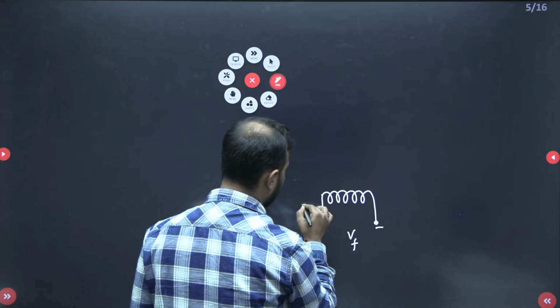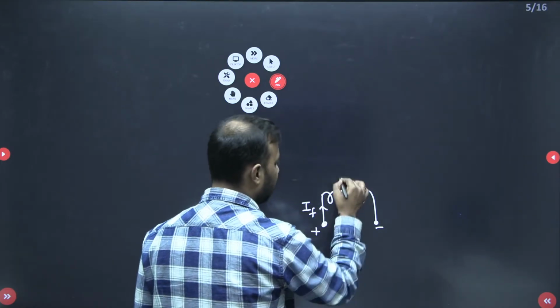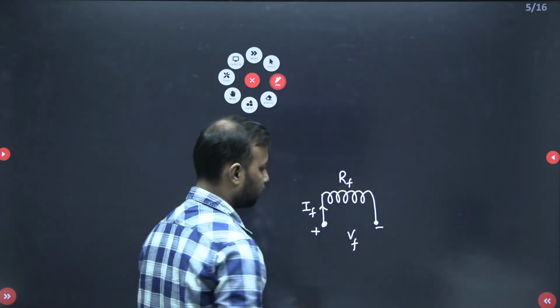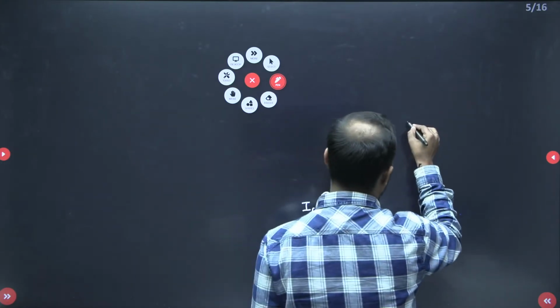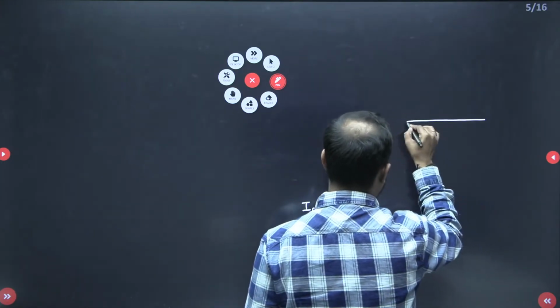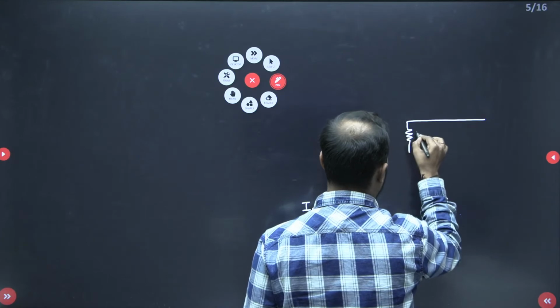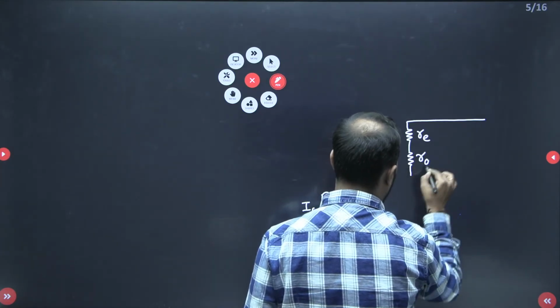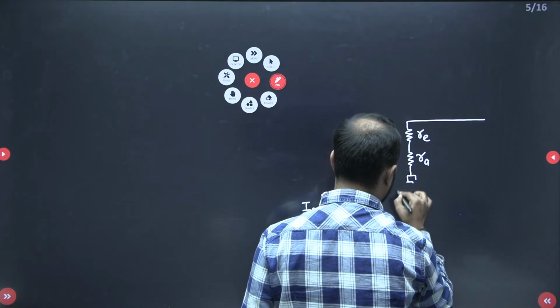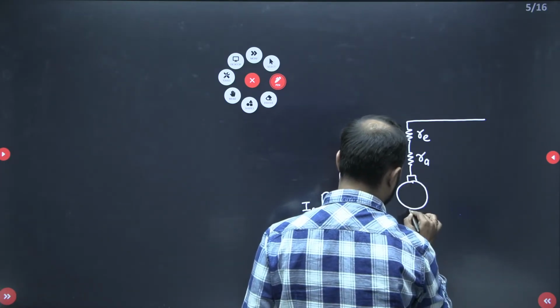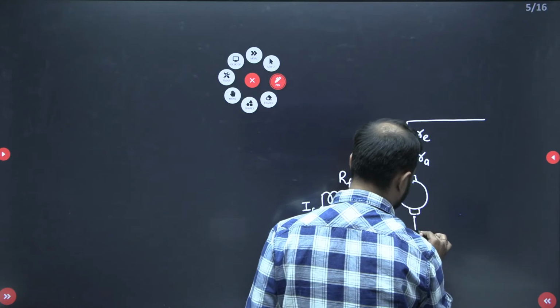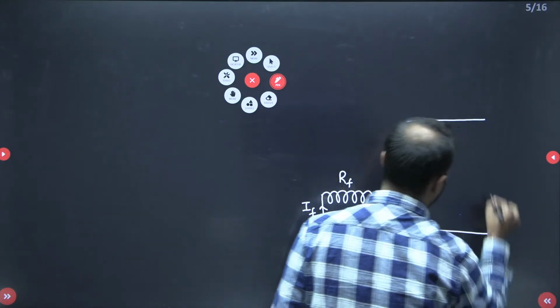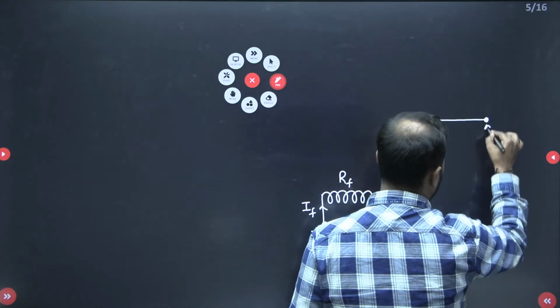Let me take the current here as IF and the field winding resistance as RF. This is your field winding. Let me draw the armature. This is the external resistance RE, armature resistance RA, and this is your rotor, meaning the armature. And this is your armature circuit.